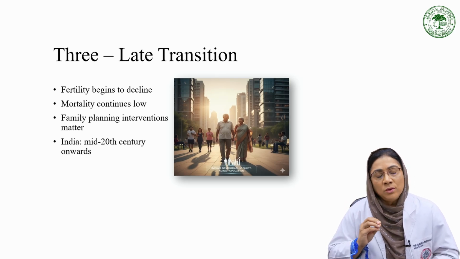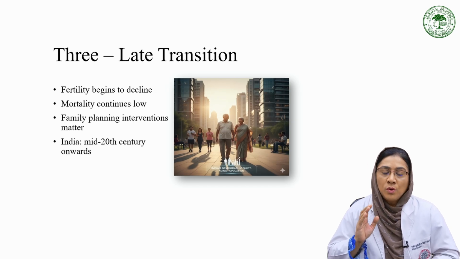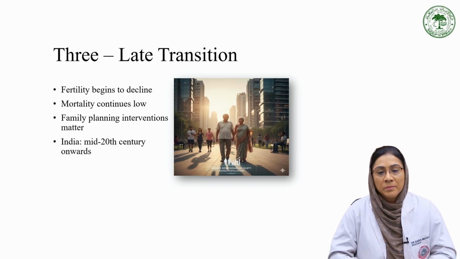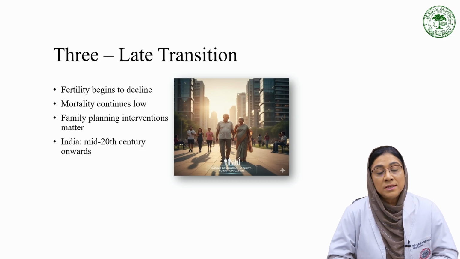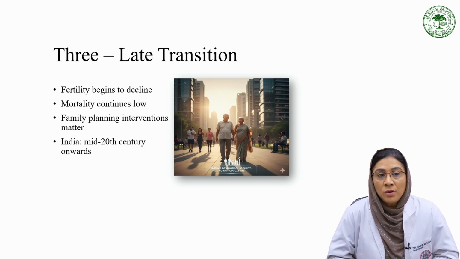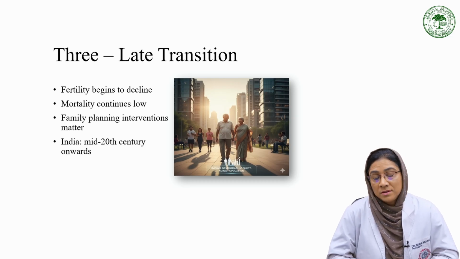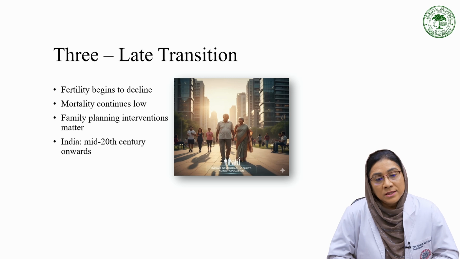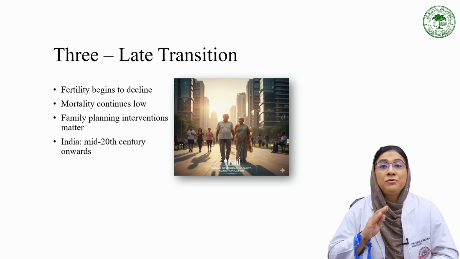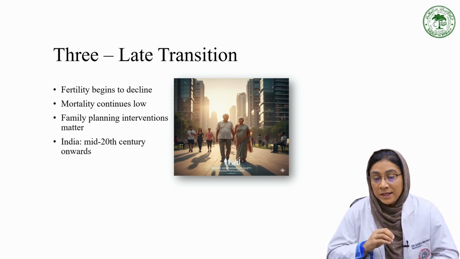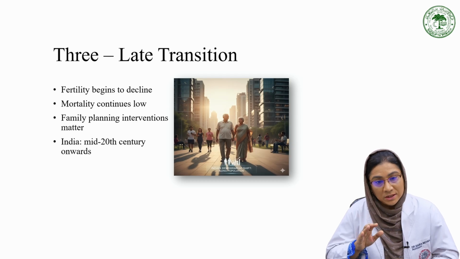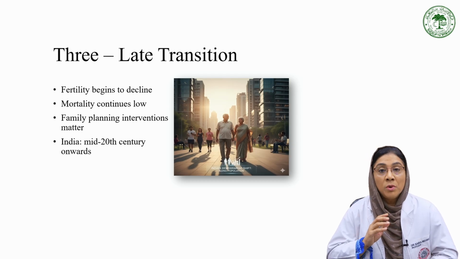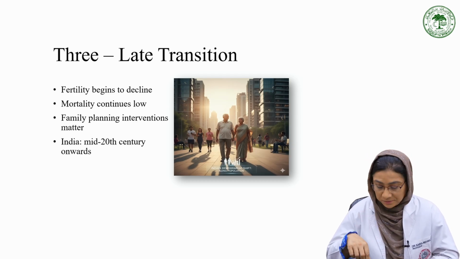With mortality already low, the policy agenda pivots to quality maternal newborn care, adolescent health, and spacing contraception to avoid high-risk births. This stage sets the condition for stage 4, when fertility approaches replacement level and population growth moderates towards stability.